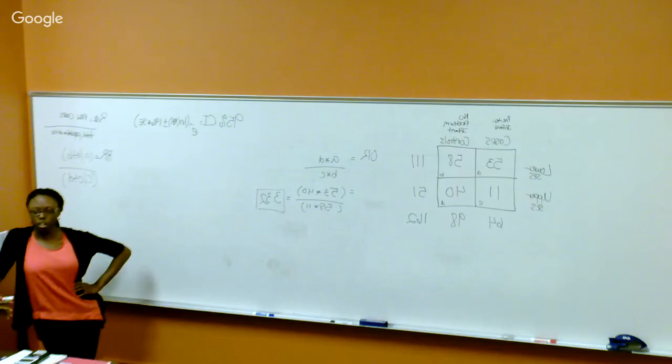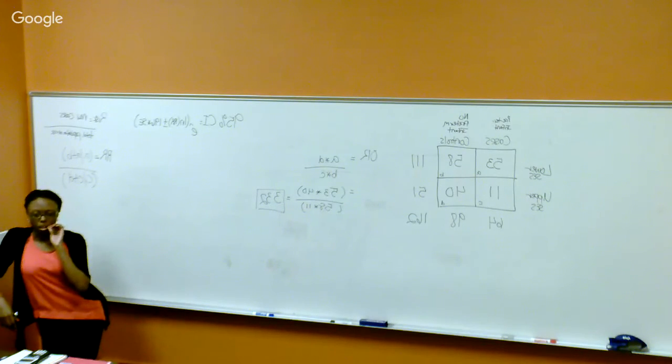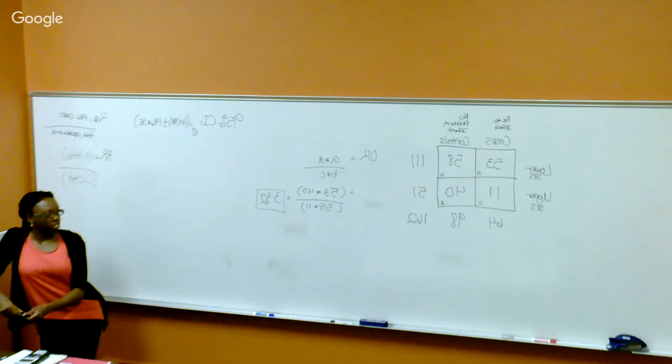But the point is that you have to make sure you're saying odds and not likely. Does anybody need me to repeat that again? The odds are 3.32 times greater. Okay.